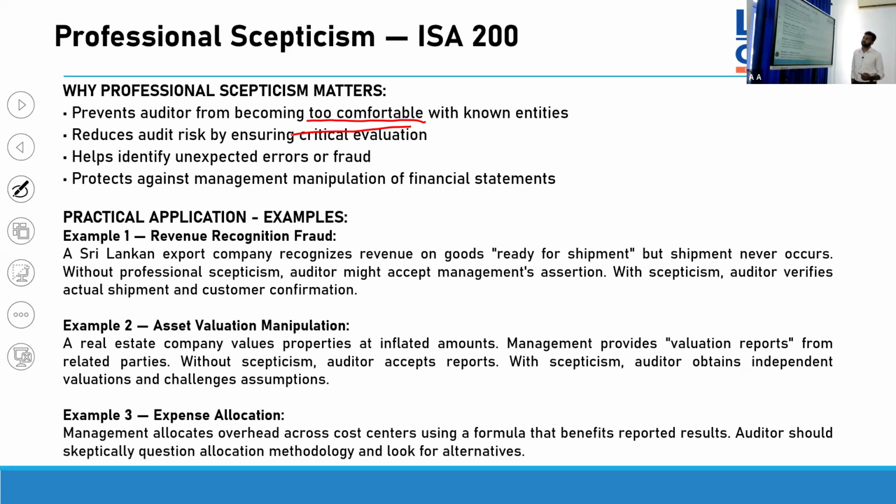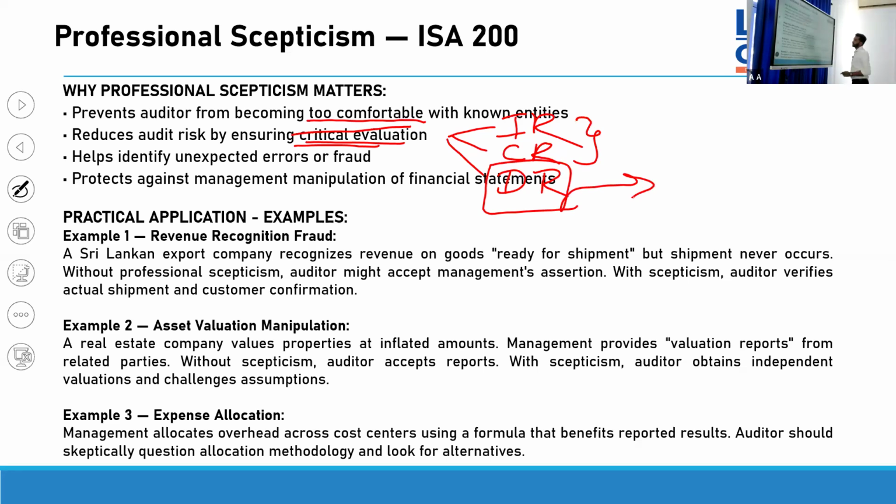It reduces audit risk by ensuring critical evaluation. When it comes to audit risk, there are three types: inherent risk, control risk, and detection risk. Inherent risk and control risk are the responsibility of management, but detection risk is the responsibility of the auditor.